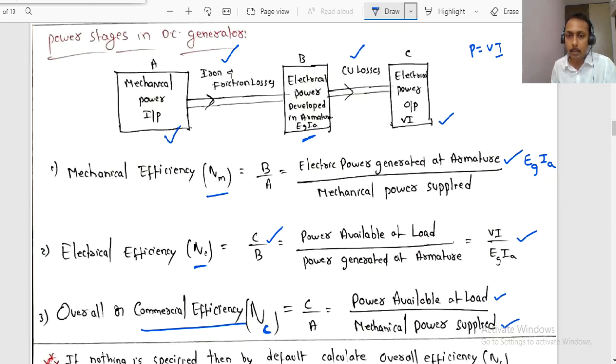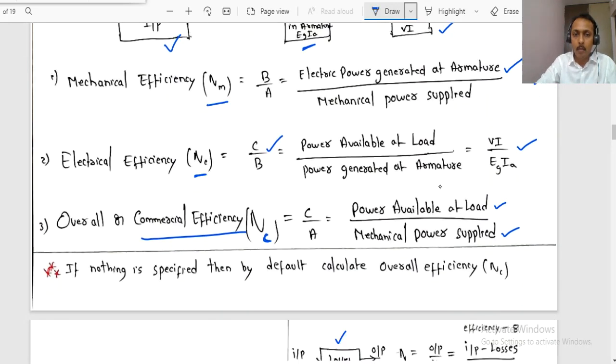So in the problems, if nothing is specified in a given problem, if he has not specified anything and simply asked you to calculate the efficiency, then at that moment, dear students, please don't get confused. You simply calculate the commercial efficiency.